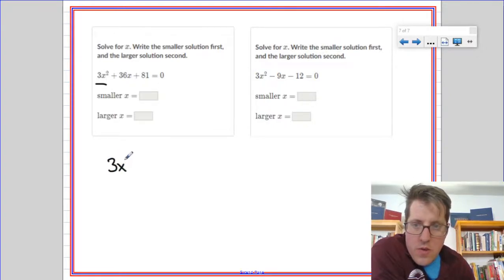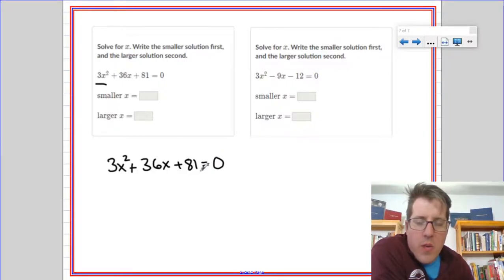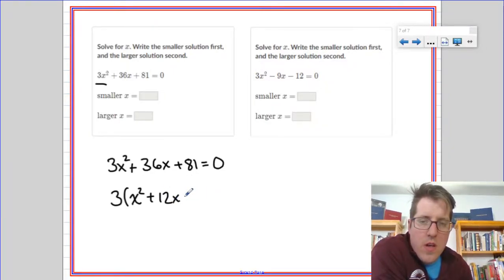So it helps to start and think, okay, 3x squared, 36x, and 81. Each one of those is divisible by 3. So I could factor the 3 out. 3 times x squared plus 12x, because 3 times 12 is 36, plus 27 equals 0.